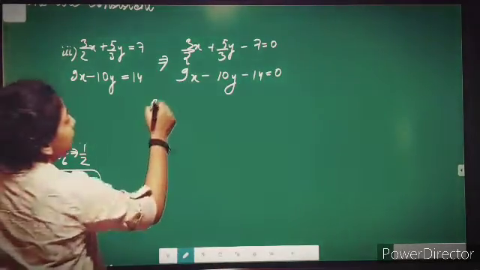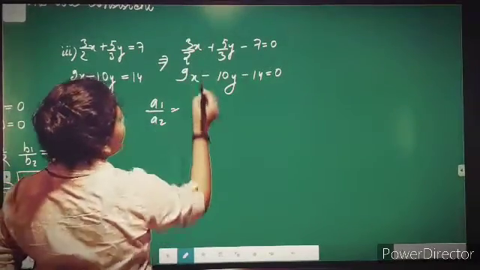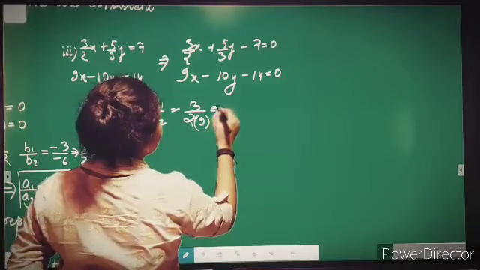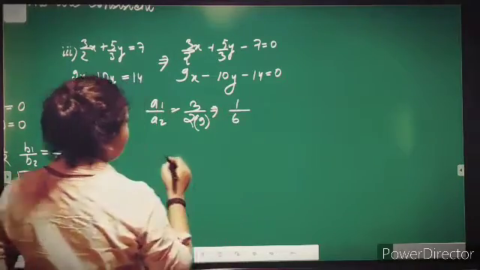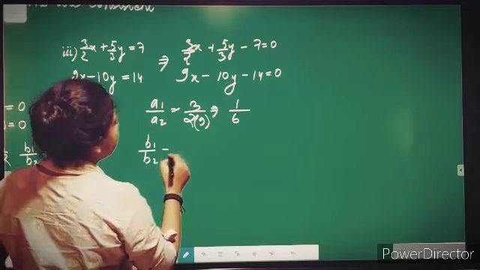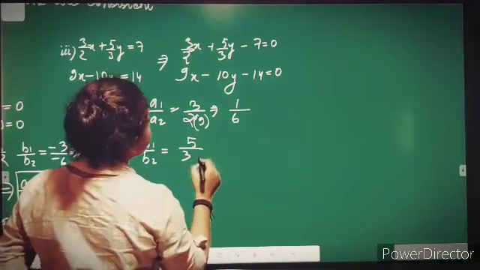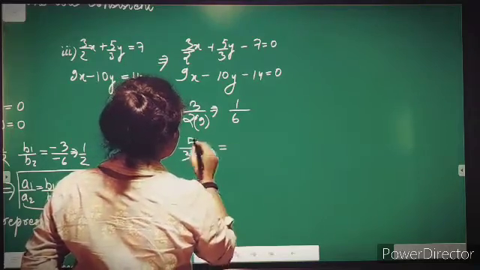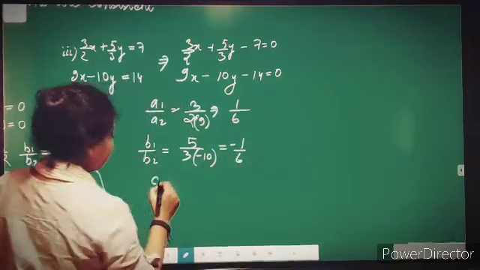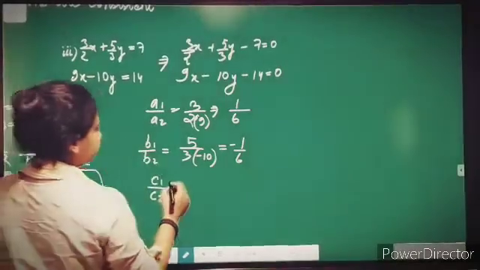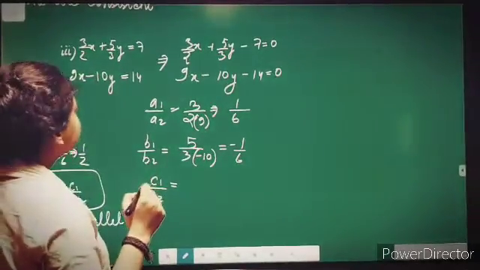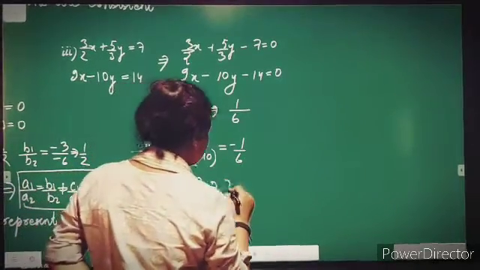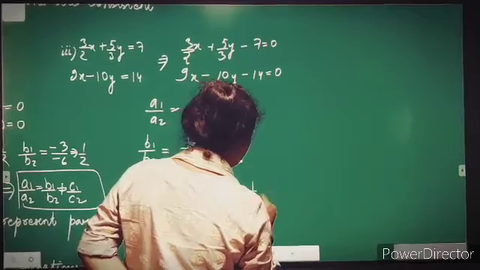Here a1 by a2: a1 is 3 by 2 and a2 is 9, so this comes out to be 1 by 6. b1 by b2 is 5 by 3 over minus 10, so this comes out to be minus 1 by 6. c1 by c2 is minus 7 by minus 14, so this is 7 by 14 or 1 by 2.